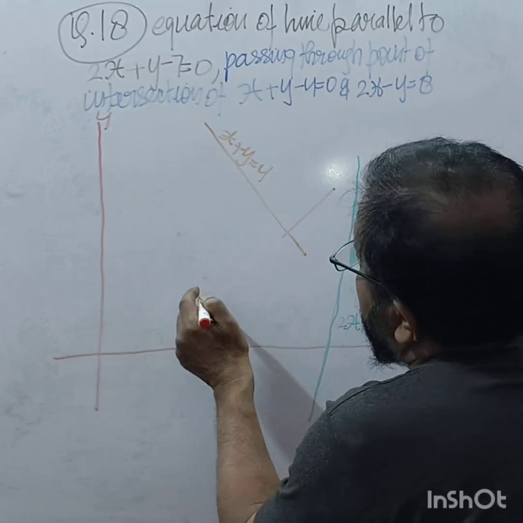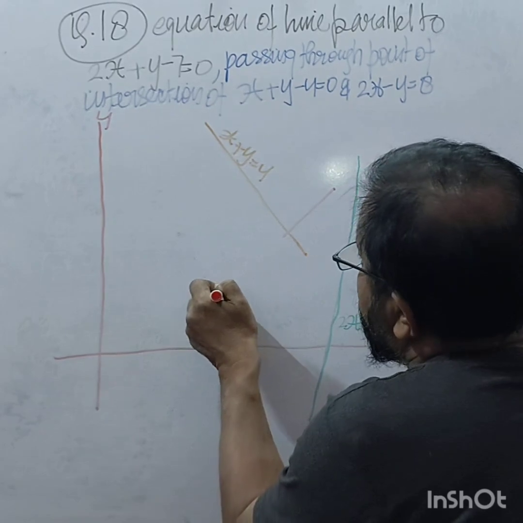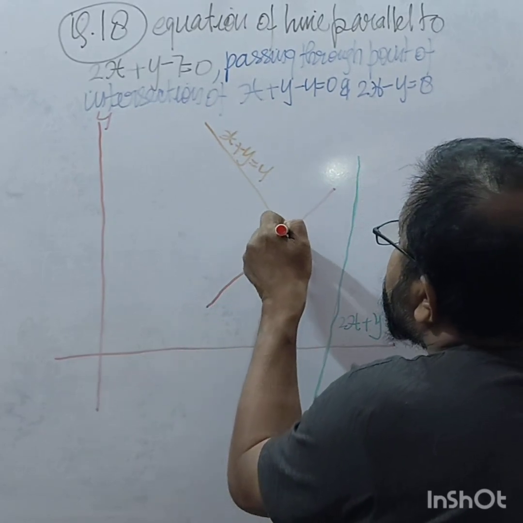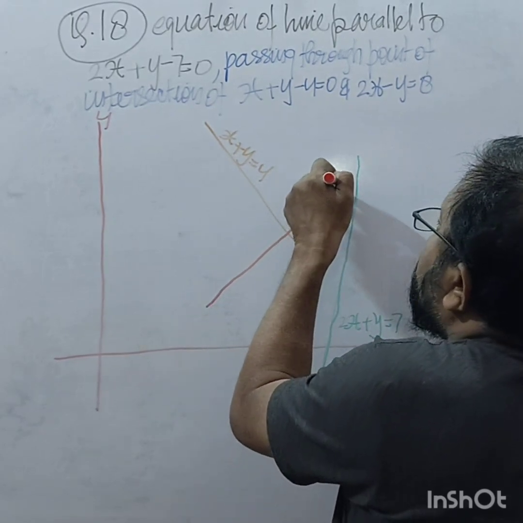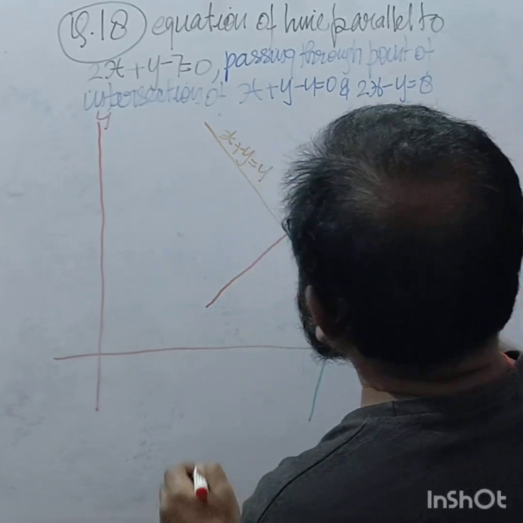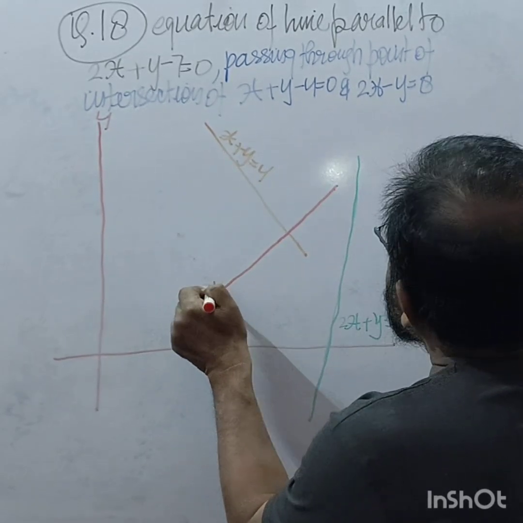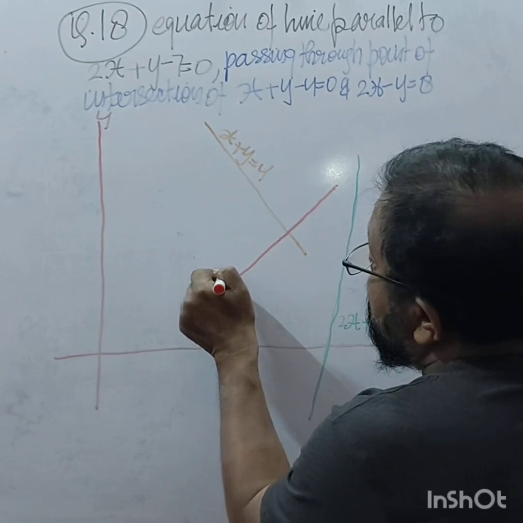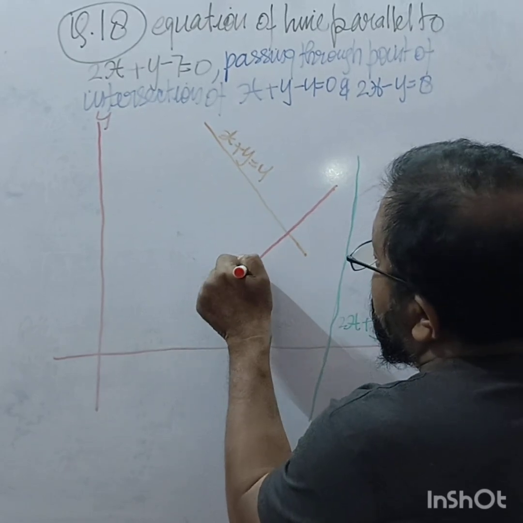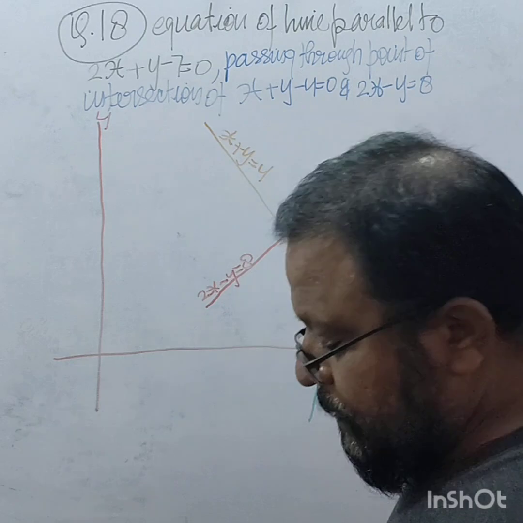These are all hypothetical, right? Not on a scale. It is just presumption. This is the line 2x minus y is equal to 8, right?